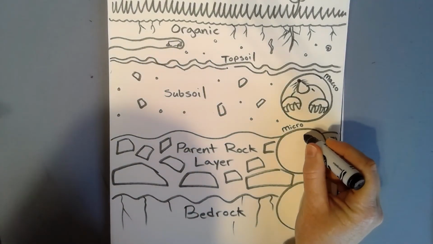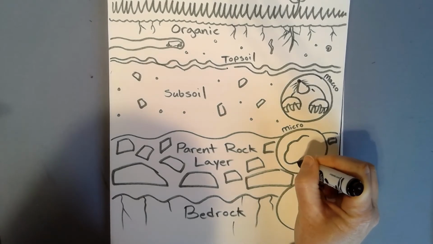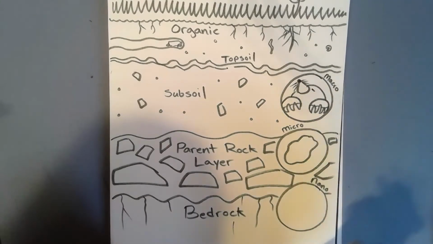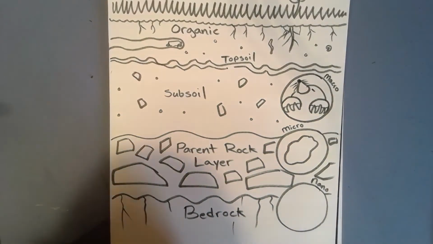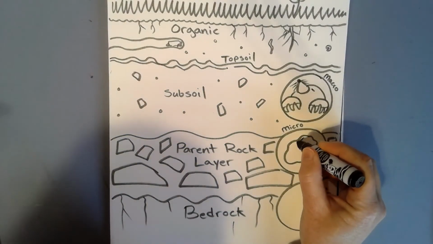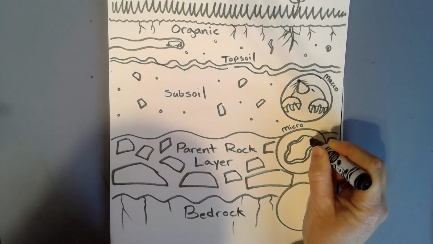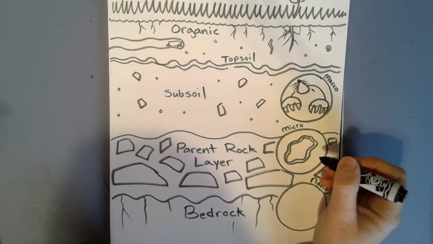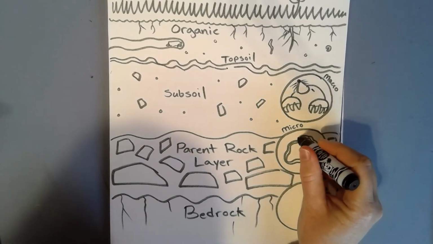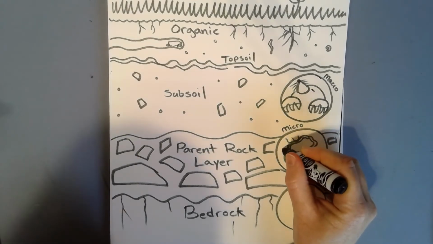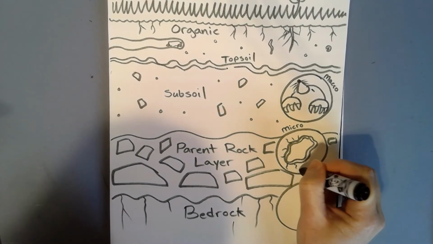So in micro, let's go ahead and put kind of a squiggle puddle shape. We're going to trace around that with a line. I'm going to put a few hairs coming out of it. It's called cilia.